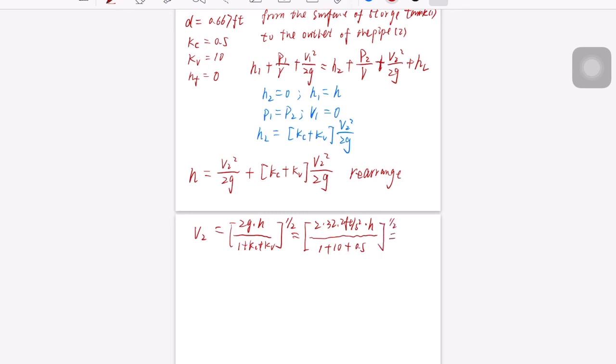So V2 equals 2.37 times H to the power of 1 divided by 2.